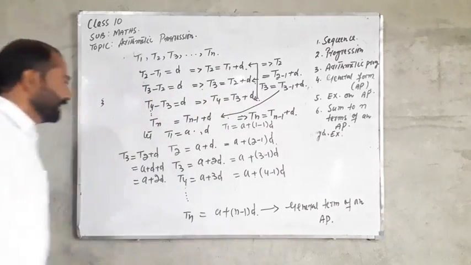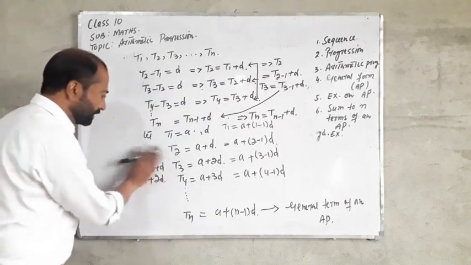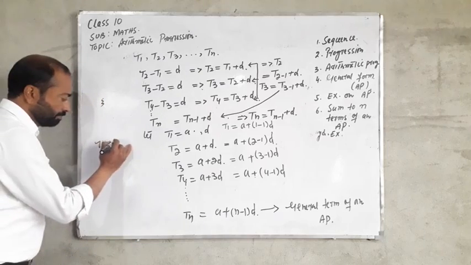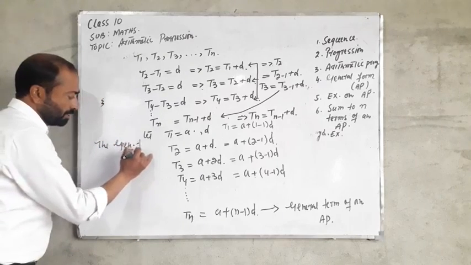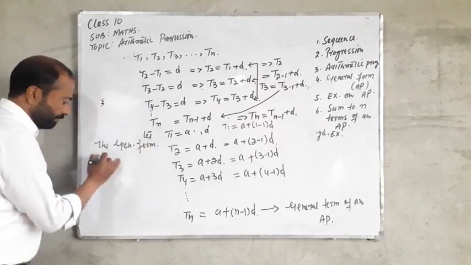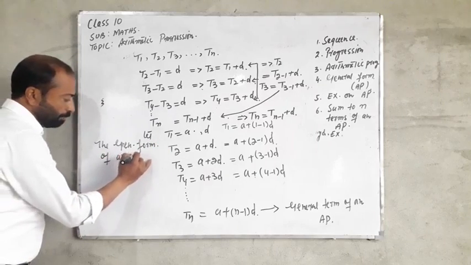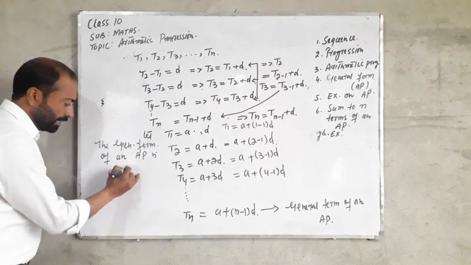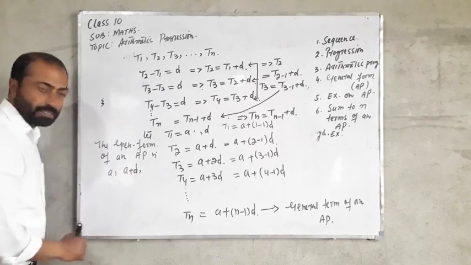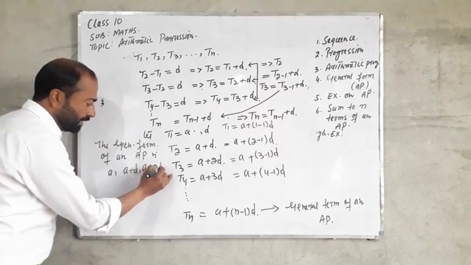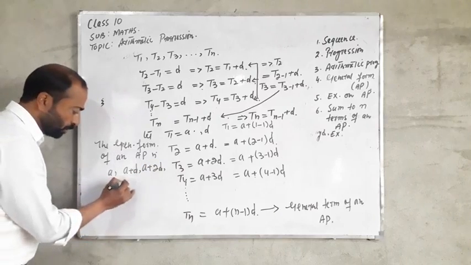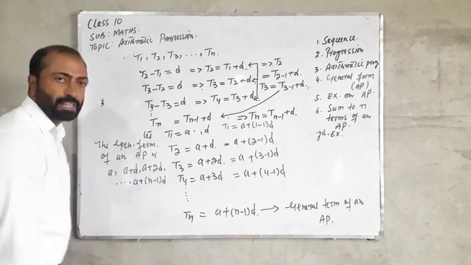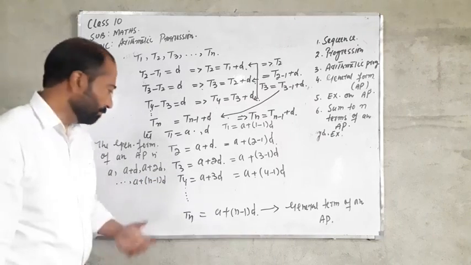Now we can write here the general form of this AP. The general form of an AP is a, the first term; a plus d, the second term; a plus 2d, the third term; and so on; a plus (n minus 1) into d is the nth term of this AP.